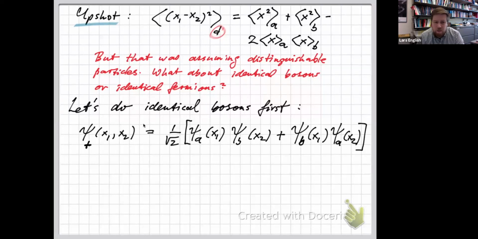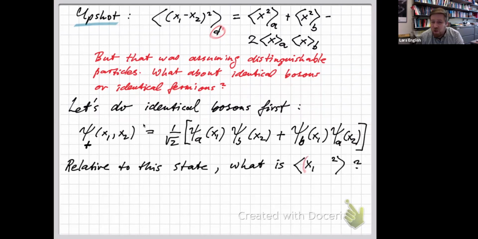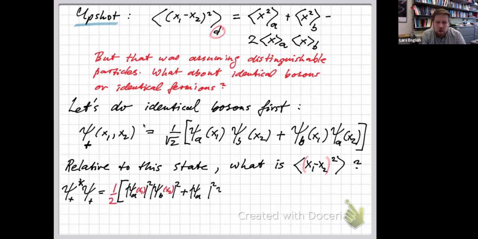So now, can we do all these expectation values again? Relative to that state, what is the inter-electron distance on average squared? What we have to do here first is find the probability density from the two-particle wave function.